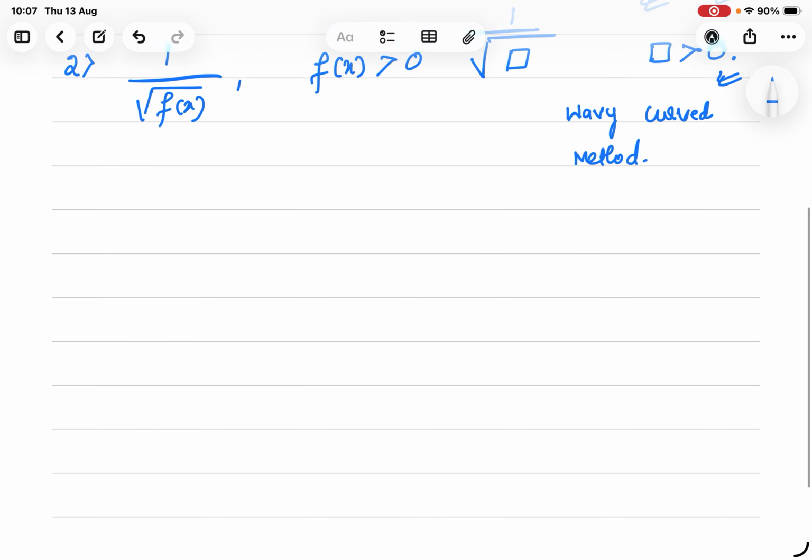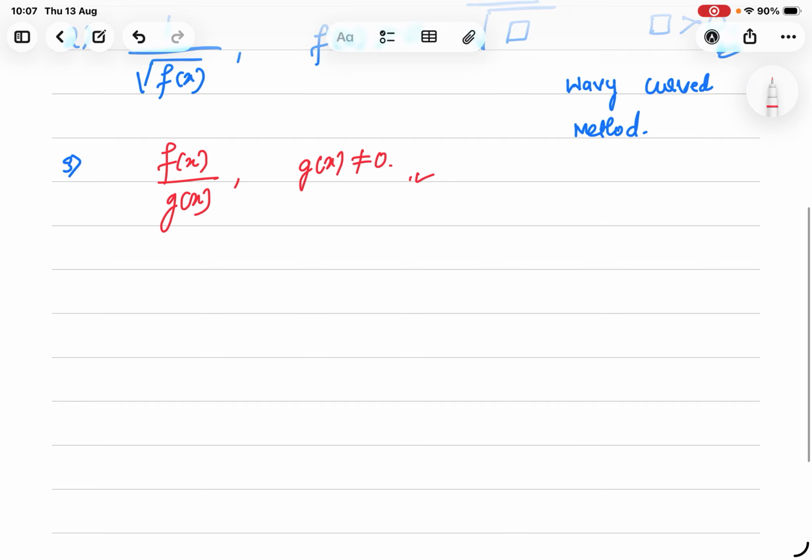And now the third one is, if the function is f of x divided by g of x. If the function contains numerator and denominator, then the denominator never gets 0. This is what you have to find for the x value. It means the domain is nothing but R minus where g of x is equal to 0.